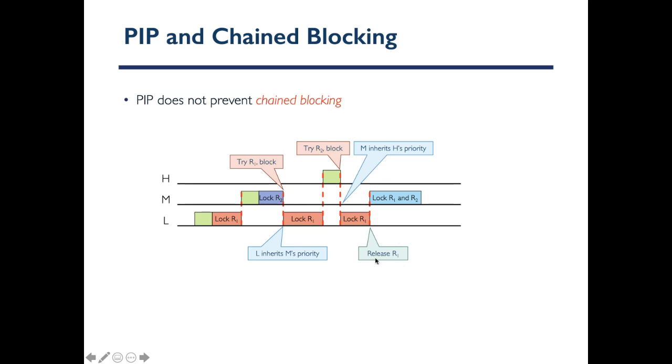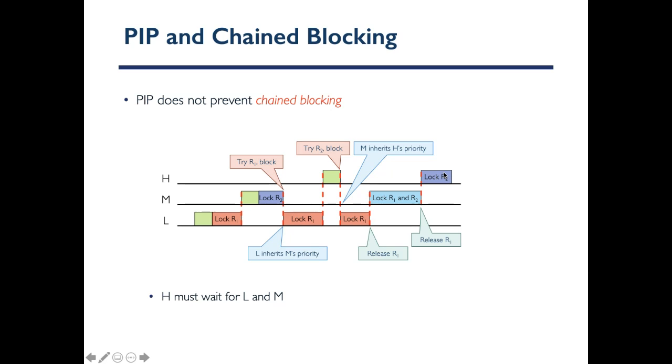And the moment L releases its lock, because M has inherited H's priority, then M is gonna run. Let's say it acquires R1 and R2. And once it releases R1, then we can let H keep going.